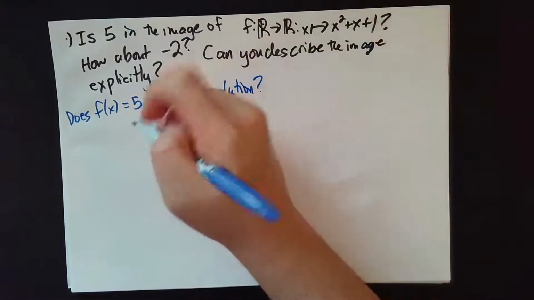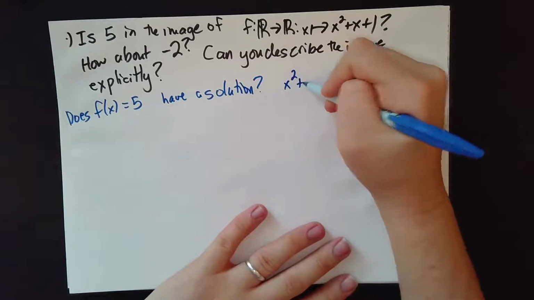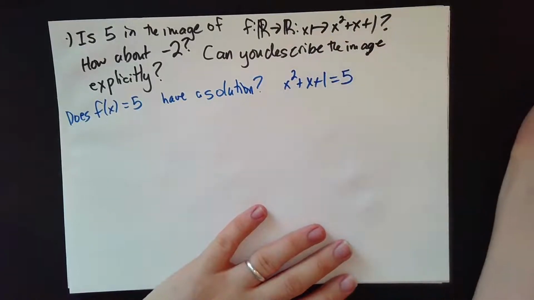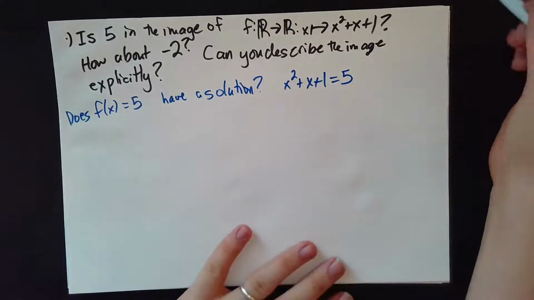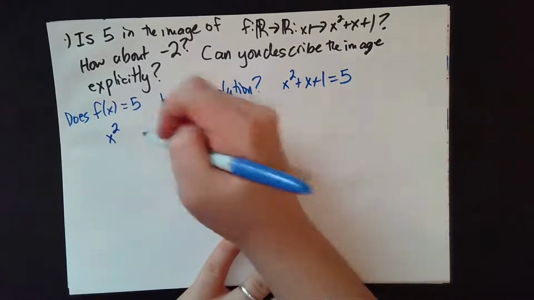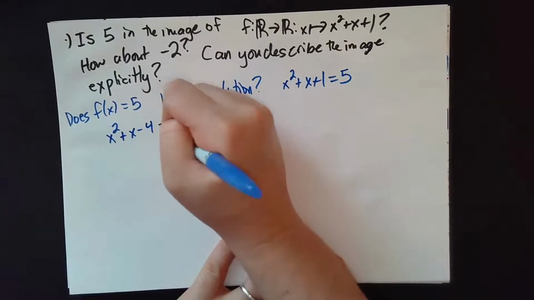Okay. So that really translates to asking me to solve the equation x squared plus x plus 1 equals 5, which if I then do my usual algebra thing, will give me x squared plus x minus 4 equals 0.